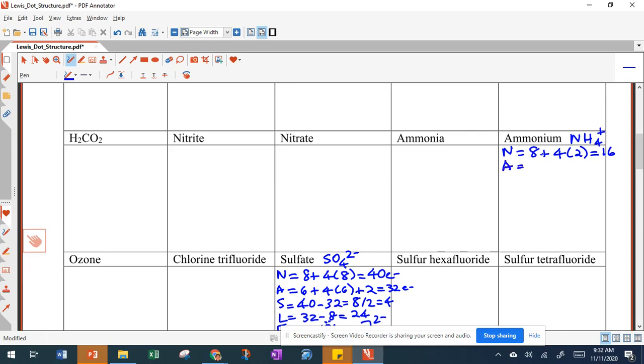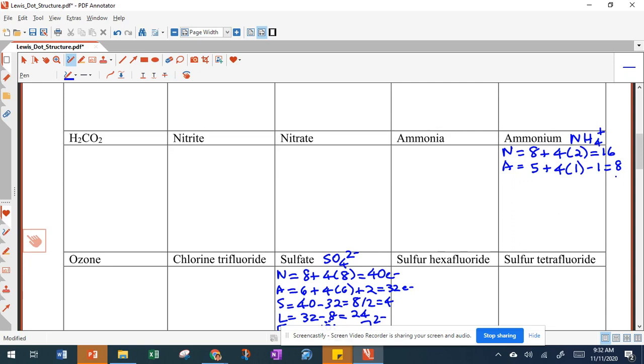Available: remember nitrogen has 5 valence electrons, so 5. Each hydrogen has 1 valence electron, so we'll have 4 times 1. Since we have a positive 1 charge, we're going to subtract 1 from that, so that gives us 8. If we had not done that, we would have gotten an odd number of available.